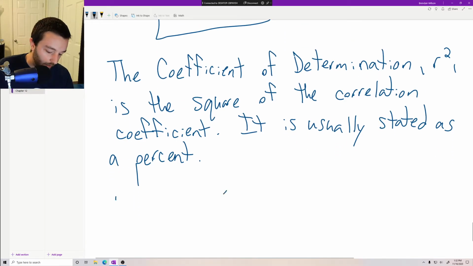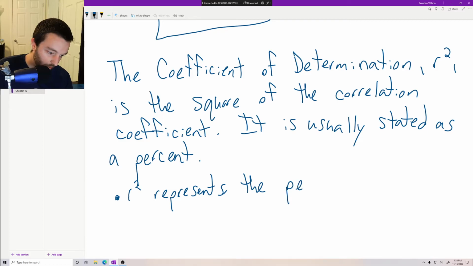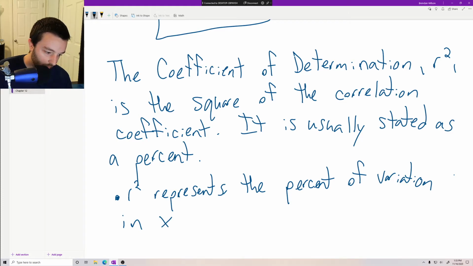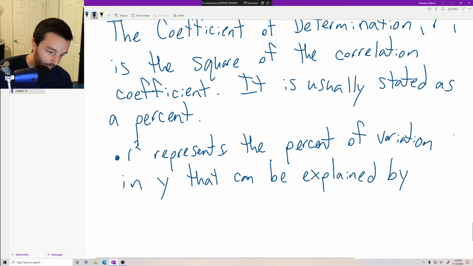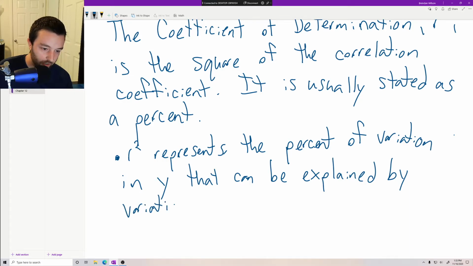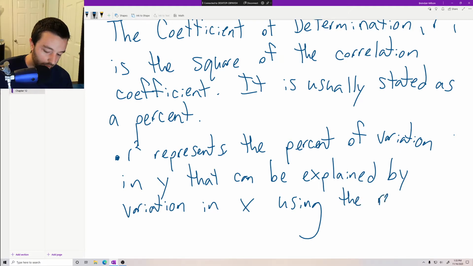The reason for this is that R squared represents the percent of variation in Y, no, sorry, in Y, that can be explained by variation in X using the regression line.